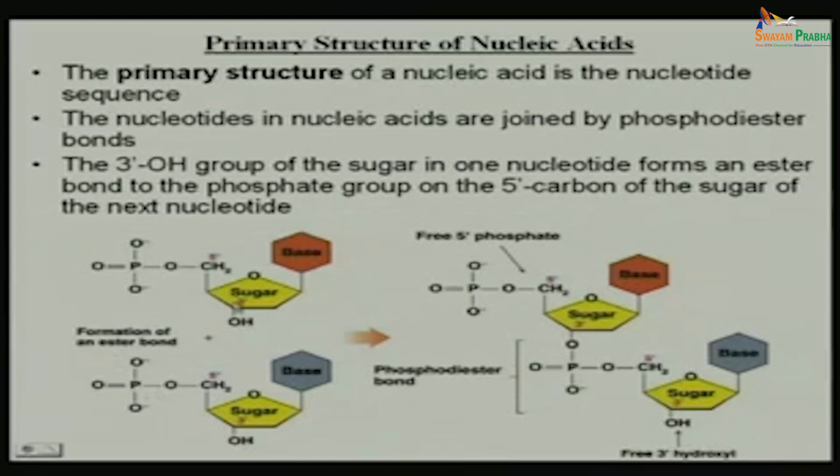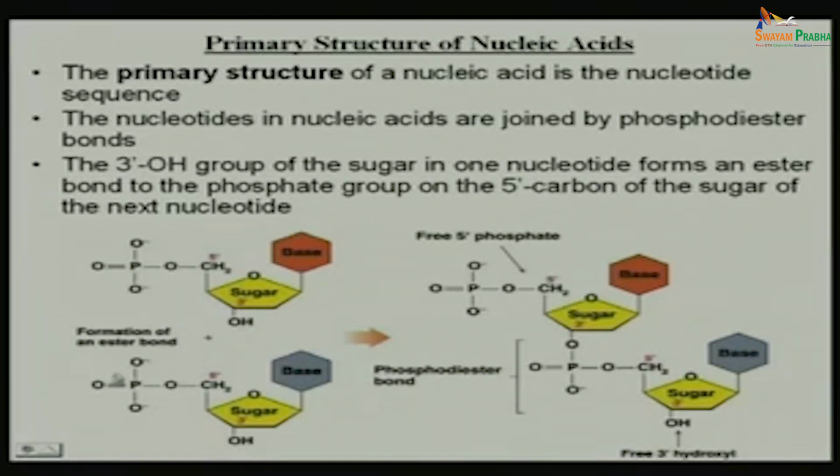Now, here you see the carbon 1, 2, 3, 4, 5. The first carbon is already occupied by this nitrogenous base, and in the third carbon, the phosphate group of another nucleotide is going and getting bonded with a phosphodiester bond.